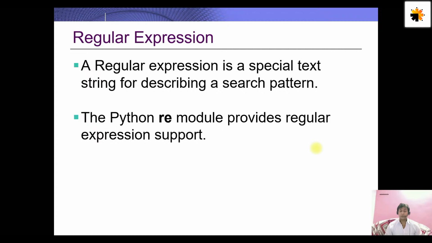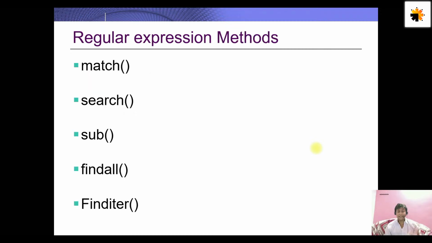So let's see what methods, or you can say functions, are offered by the re module. We will see the special characters to form regular expressions, but first let's see the methods to search regular expressions. First of all, we have match.